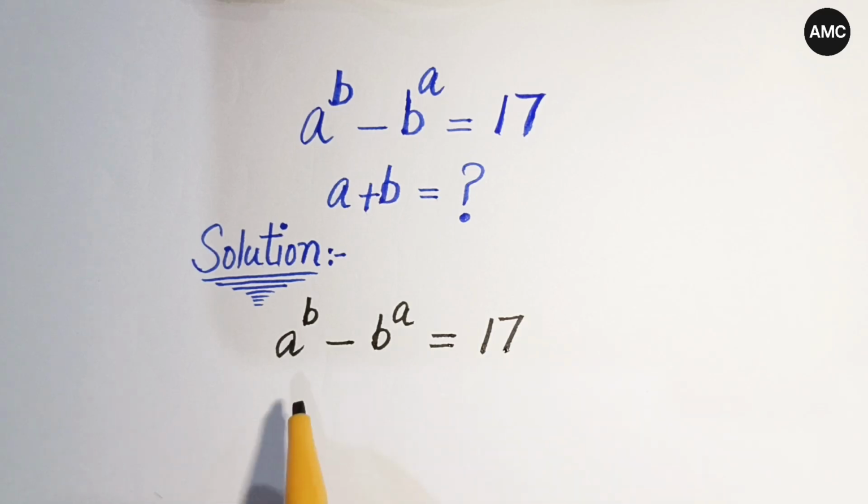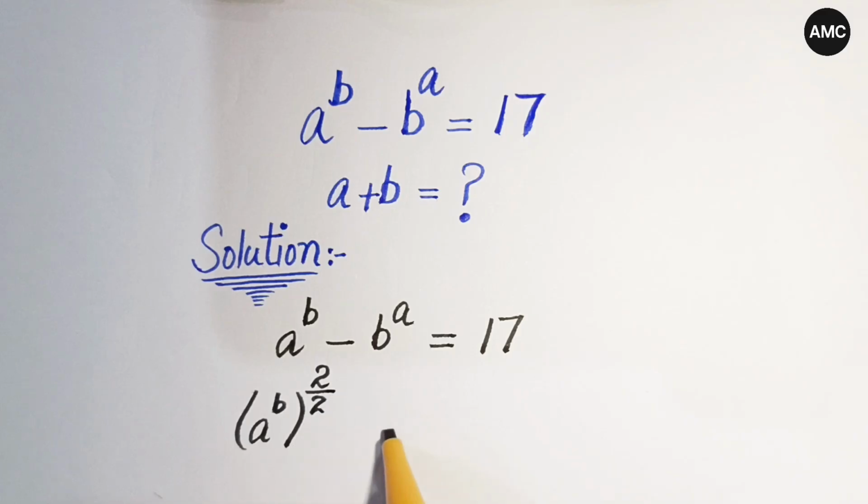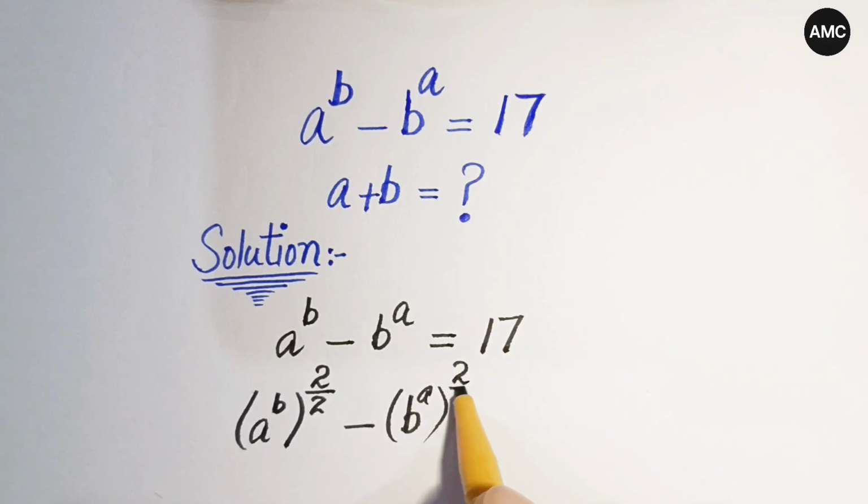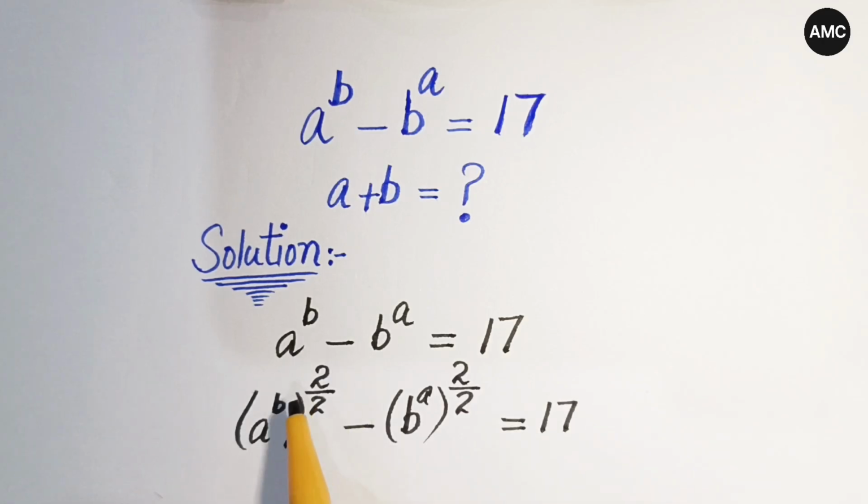Now here, a to the power b whole to the power 2 over 2. Similarly, b to the power a whole to the power 2 over 2 is equal to 17. As you know, 2 over 2 is equal to 1, so there is no difference.